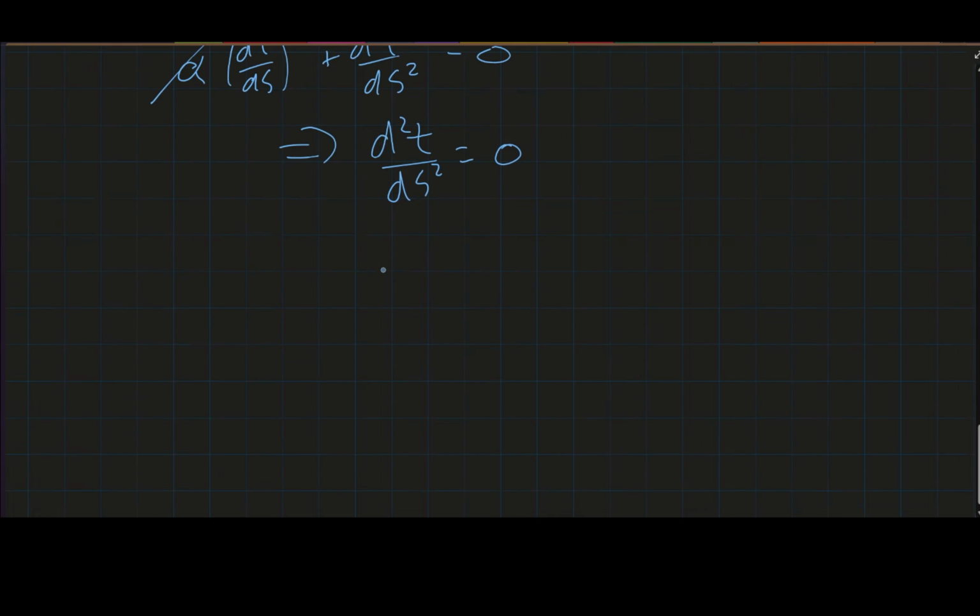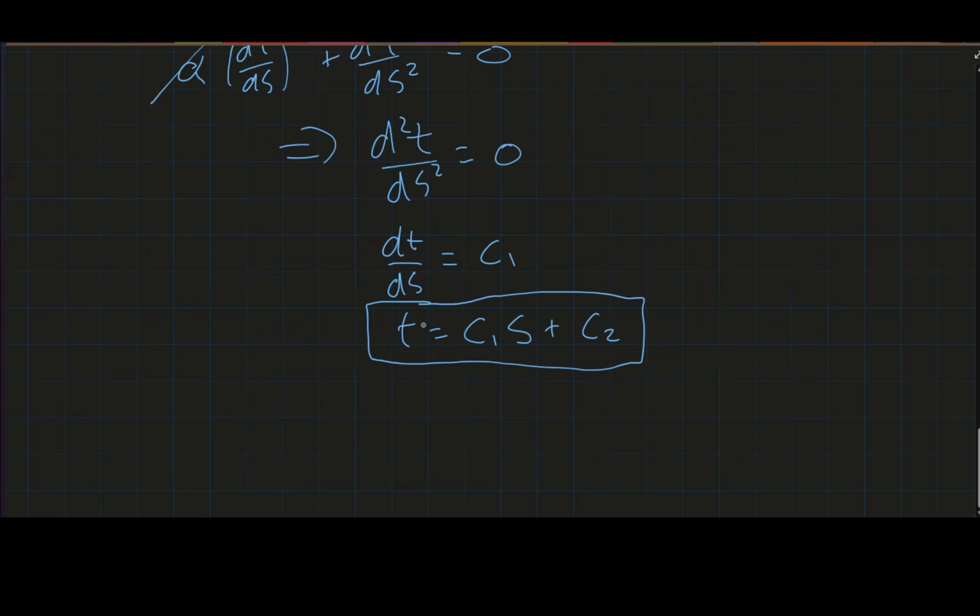So by some very simple logic, we can integrate, and we know that dt by ds is just equal to a constant, which we'll call c1. They call it a or b, I think. And then, if you like, you can move the ds to the other side, integrate once more, and we find that t is c1 s plus c2, or exactly the form that the problem asks us to show.